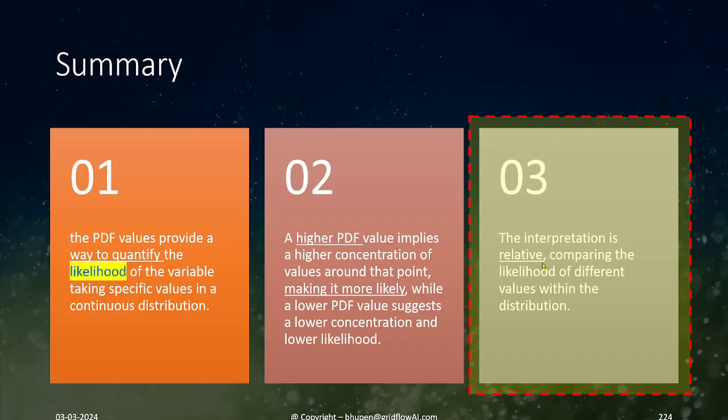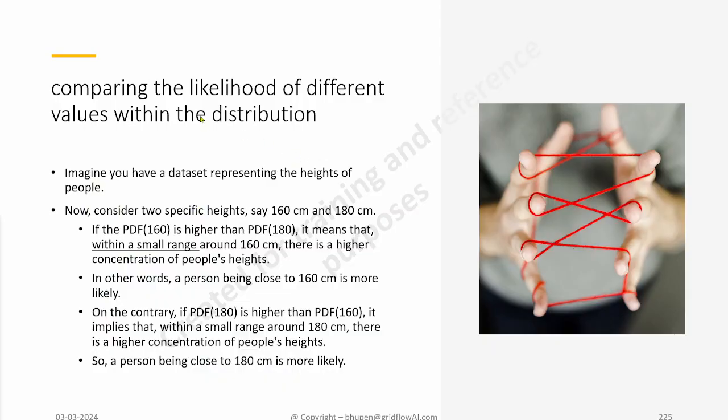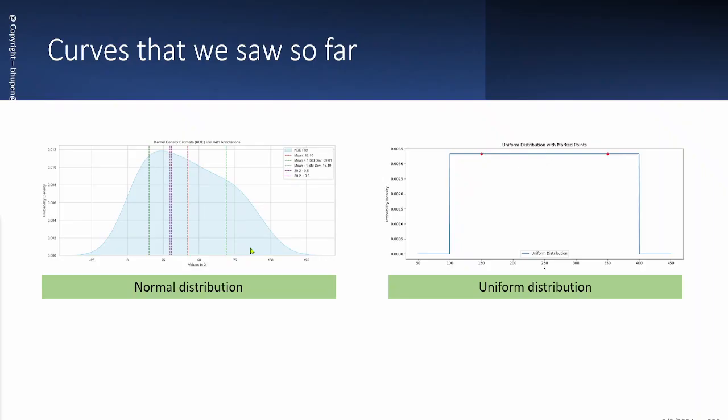Now, the interpretation is quite relative. For one distribution, 0.13 could be different than 0.13 of another distribution. So it's specific to the distribution and the column, comparing the likelihood of different values within a particular distribution. So we talked about it.